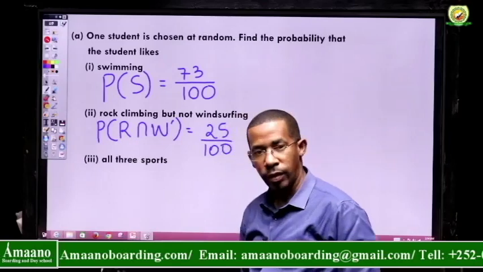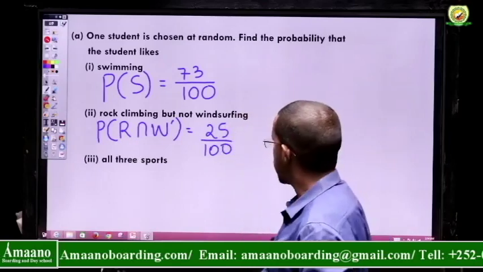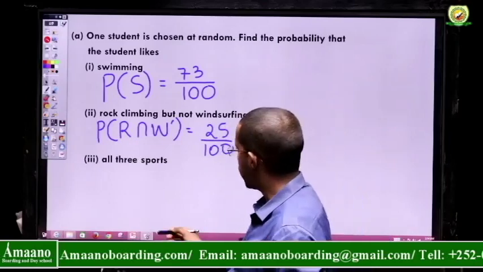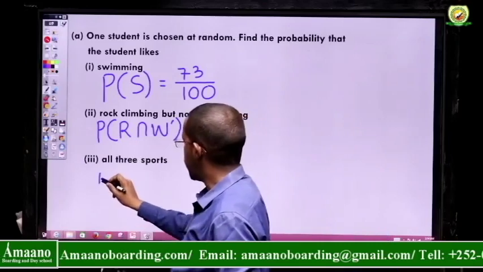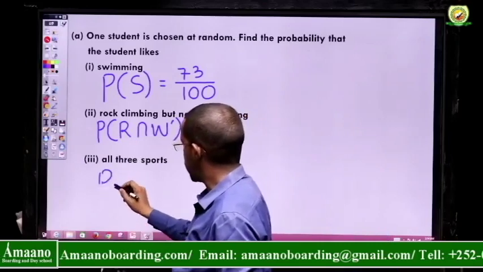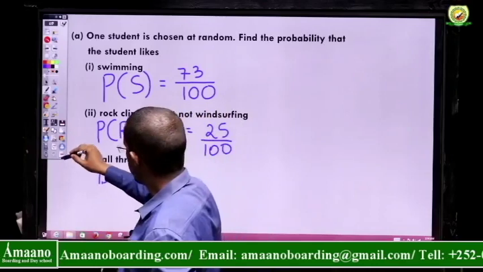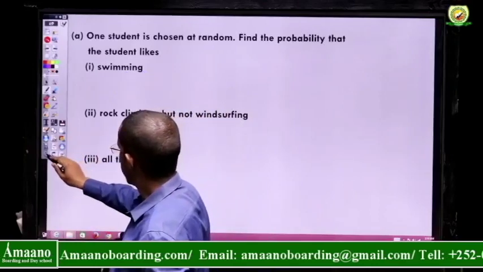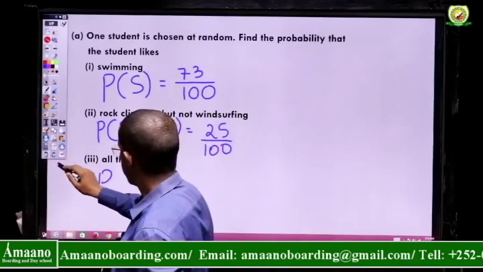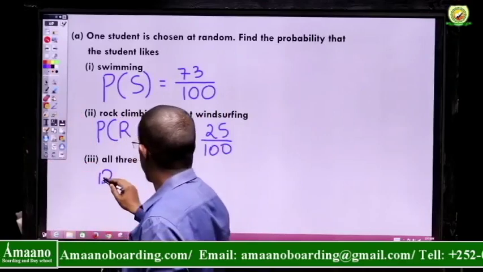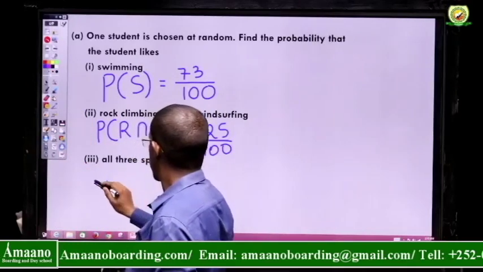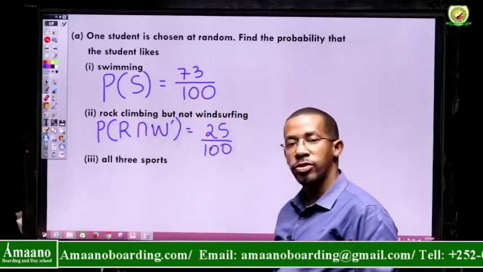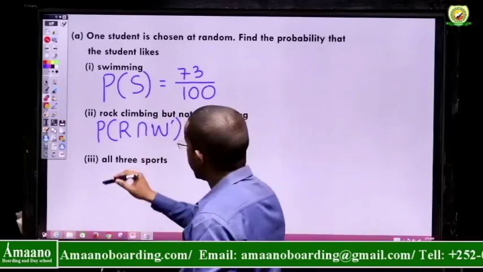Then find the probability that the student likes all the 3 sports.